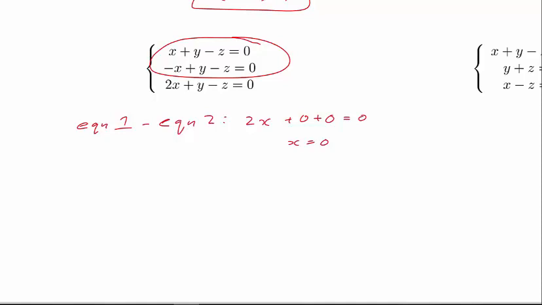Now when you plug x equals 0 into any of these three equations, you're going to end up with the same results. You will see that equation 1 equals equation 2 equals equation 3 when x equals 0.